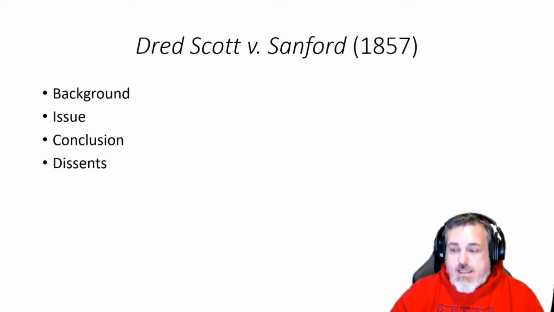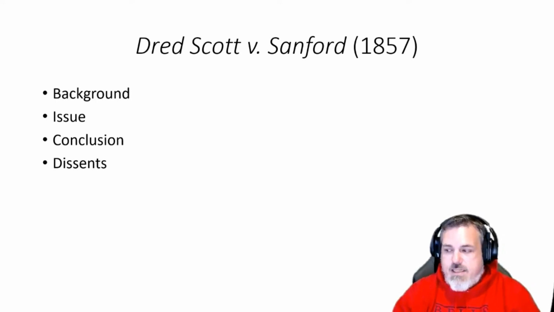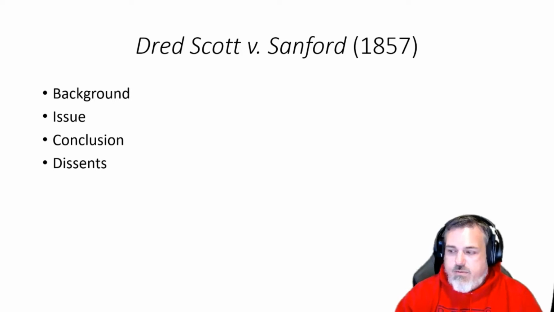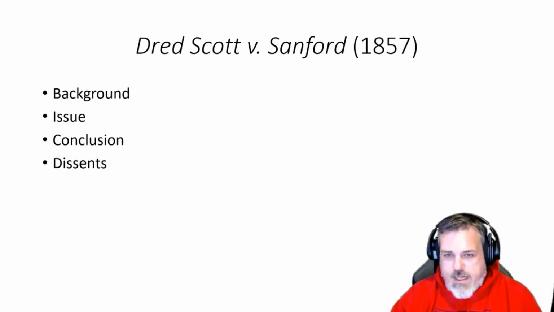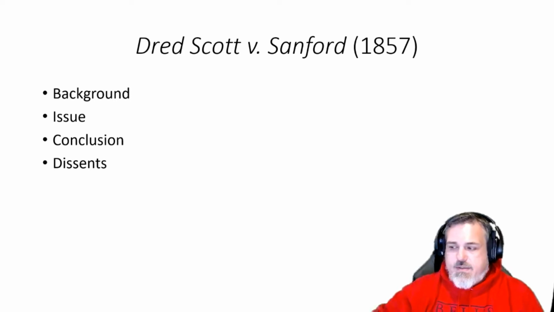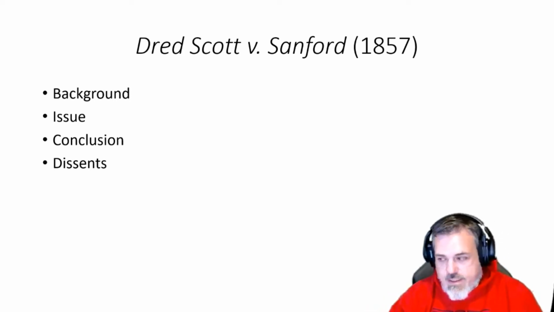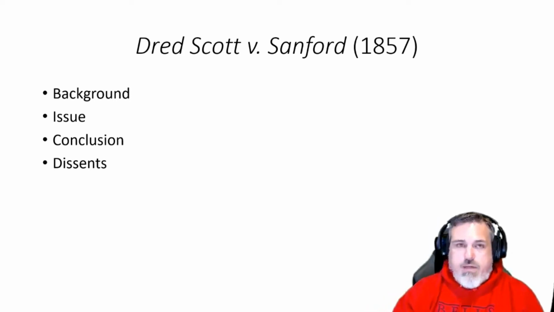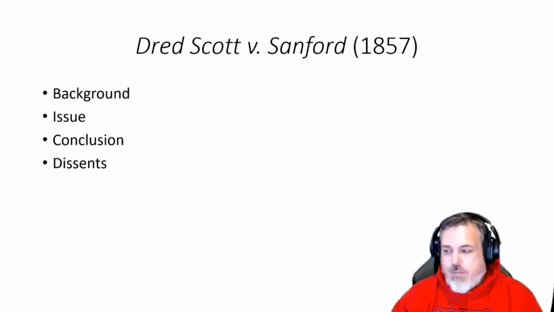In 1836, Emerson takes Scott and his family to Fort Snelling, which was a military base outpost in Wisconsin. And Wisconsin at that time was part of what was known as Upper Louisiana because of the Louisiana Purchase. At that point in 1836, this territory was free based upon the Missouri Compromise.